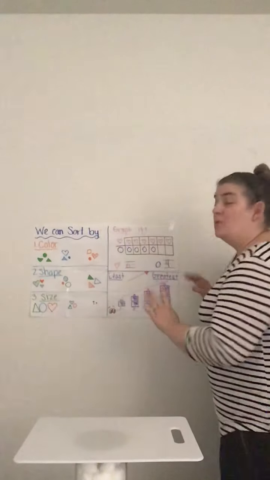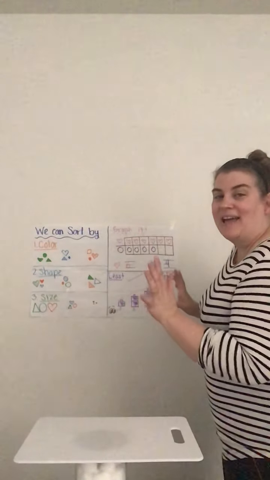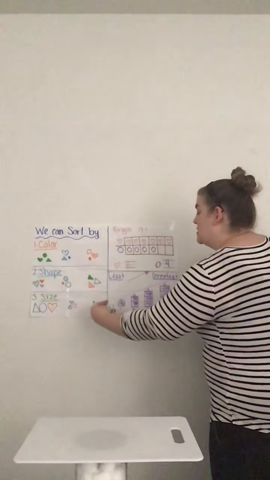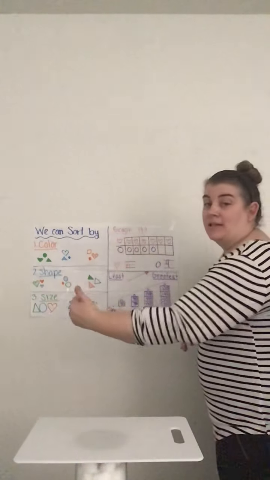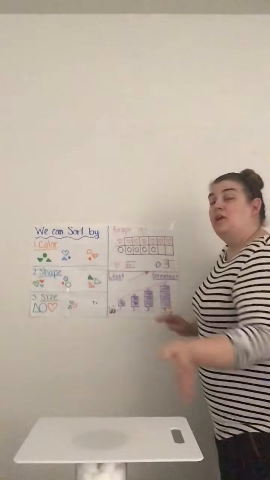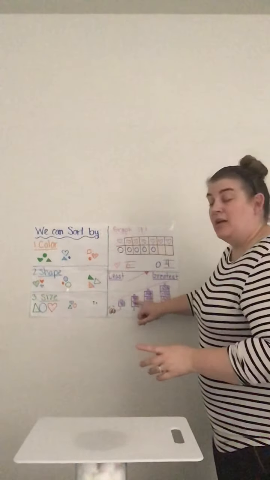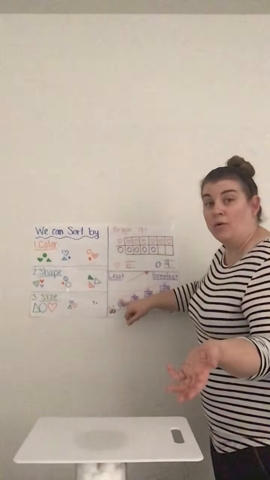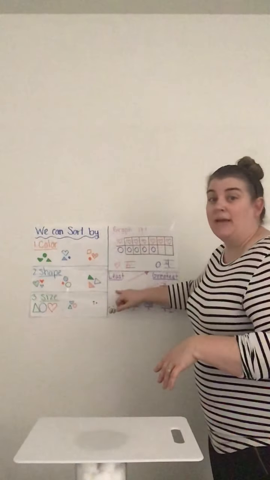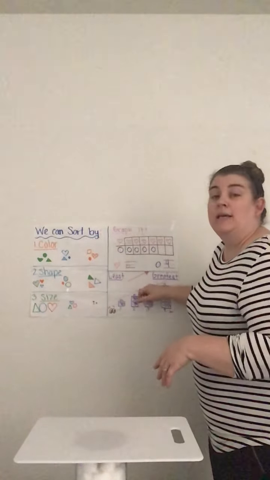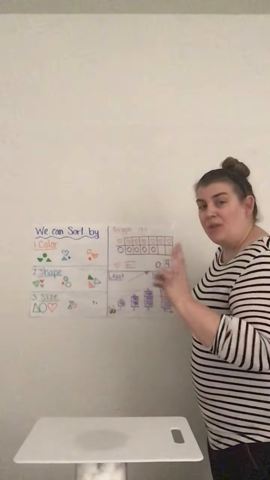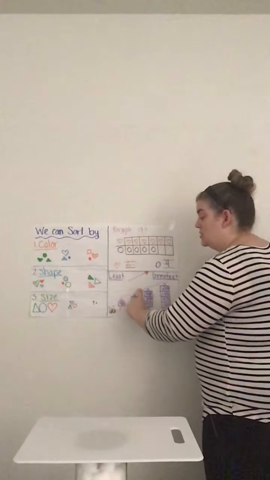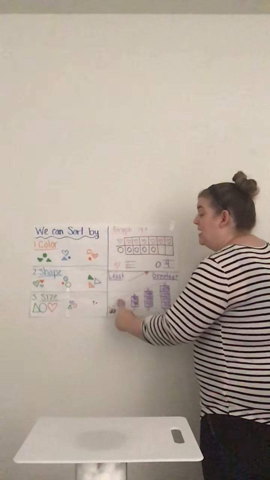So when we look at organizing things from least to greatest, the line that we draw is going to go up, up, up. It's going to steadily continue to go up. You might have some objects in those lines that are the same amount, especially if you're doing it on your own on your blank graph, and that's okay, because when objects are the same amount, they're going to be just on the same line.